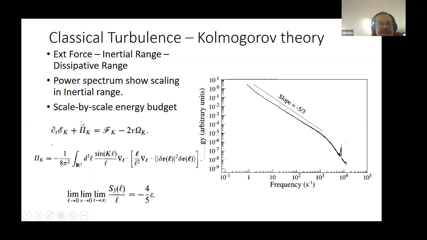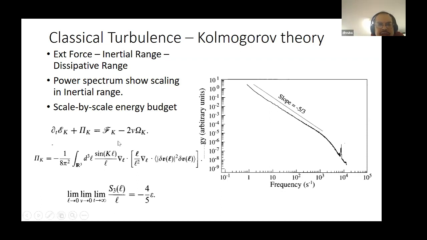One is the contribution from the advective nonlinearity, the pi k. One is the script F k, which is the contribution from external forces. And the last one is the dissipative contribution coming from viscosity. This is a reasonably straightforward calculation to do, starting from the Navier-Stokes equation.